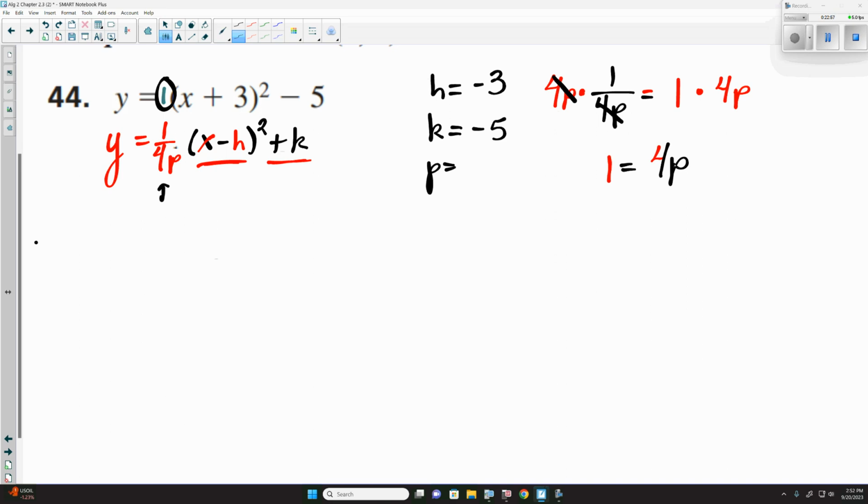Now to simplify this, we need to divide both sides by 4, because 4p divided by 4 is just p, and 1 divided by 4 is 1/4. So the value of p is 1/4 right there. So p is not restricted to be a whole number like most of them have been. We can have fractions, and that's just fine. Questions on this here?